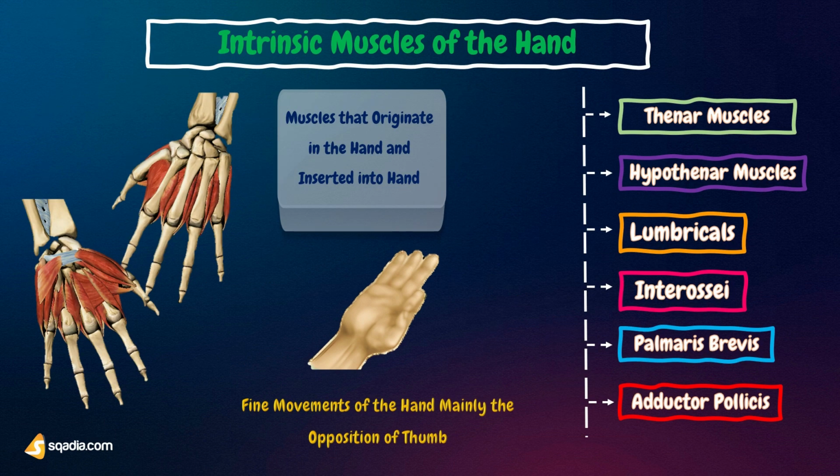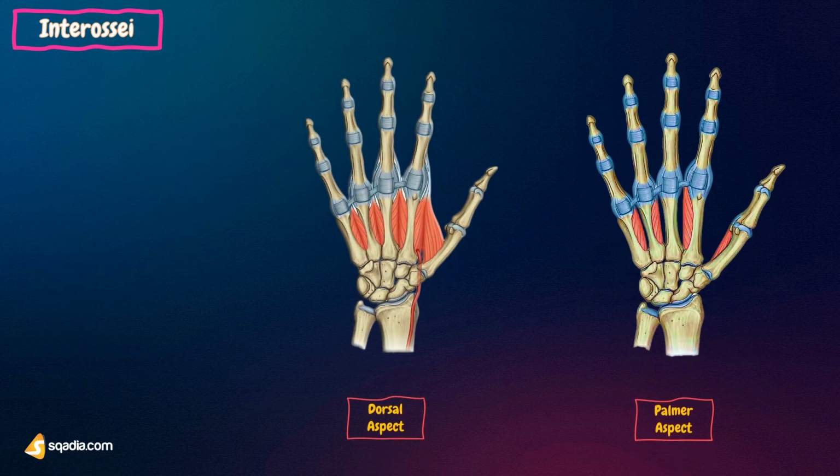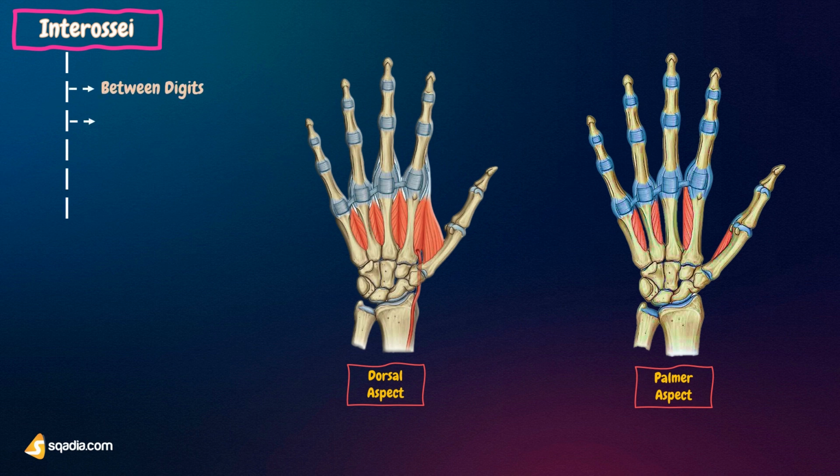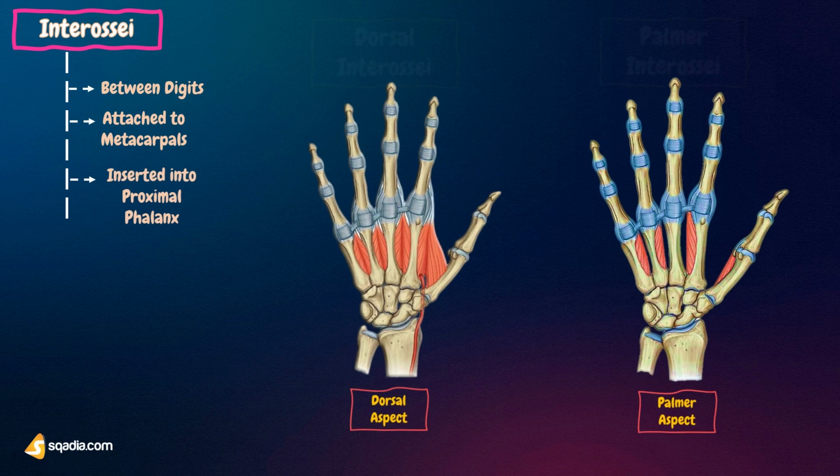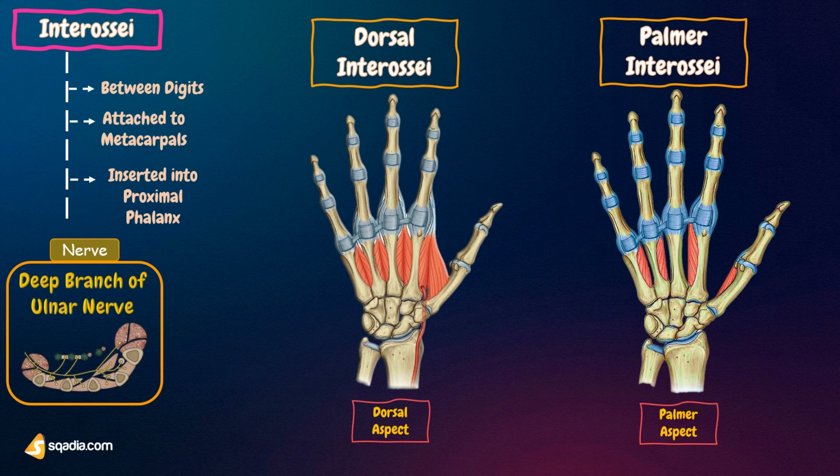Now let's talk about the interossae. Interossae is a Latin word that means between the bones. The interossae are muscles between and attached to the metacarpals. They insert into the proximal phalanx of each digit and into the extensor hood. They are divided into two groups, the dorsal interossae and the palmar interossae.